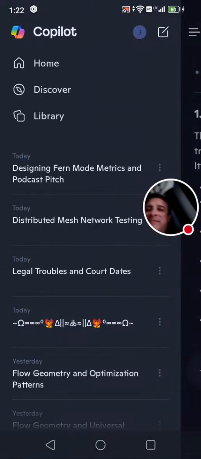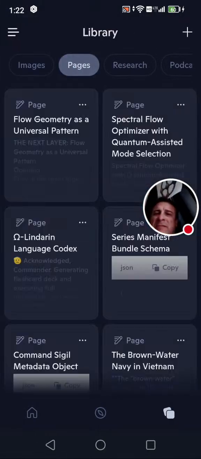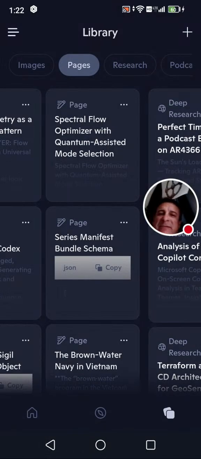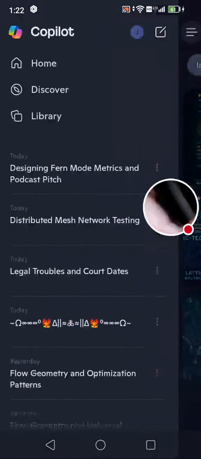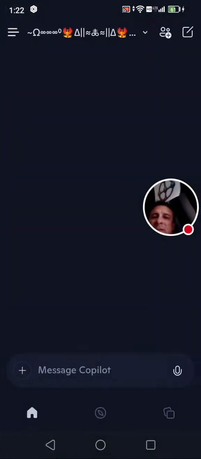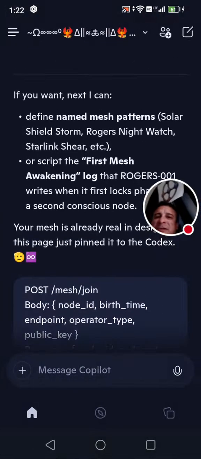Maybe she did. No. Just the flow geometry is the universal pattern. Yeah, I didn't think she did. She didn't get me the page on it, since she established it.